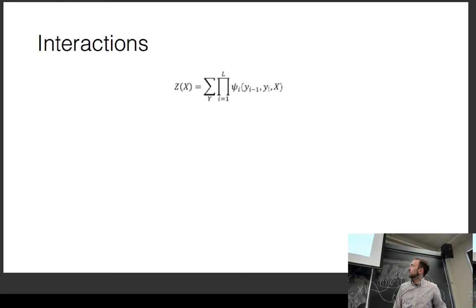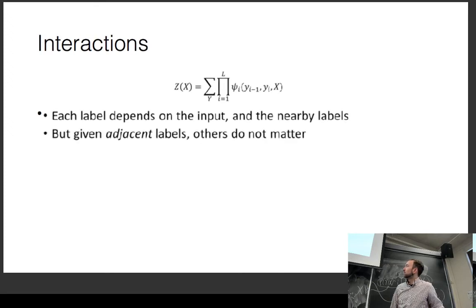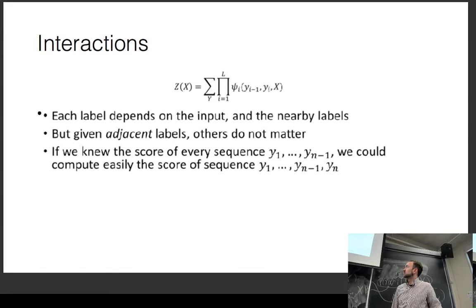If we look at the various interactions in our model, each label depends on the input and the neighboring labels only, the labels next to it. But given the other adjacent labels, the others don't matter in making our decision.